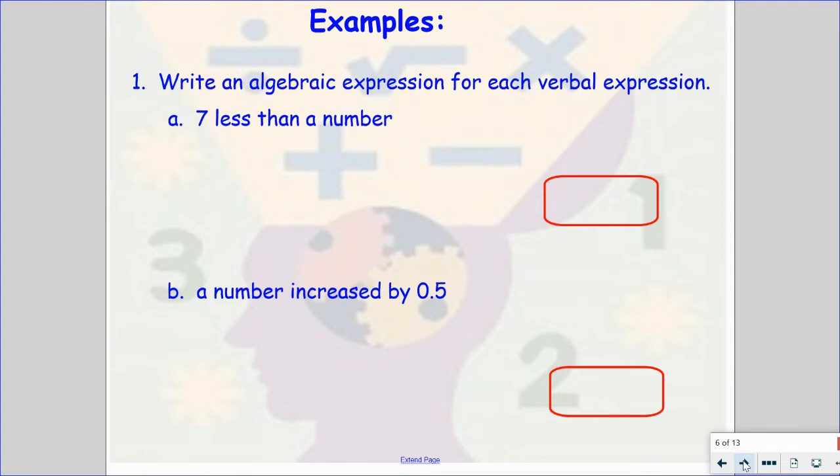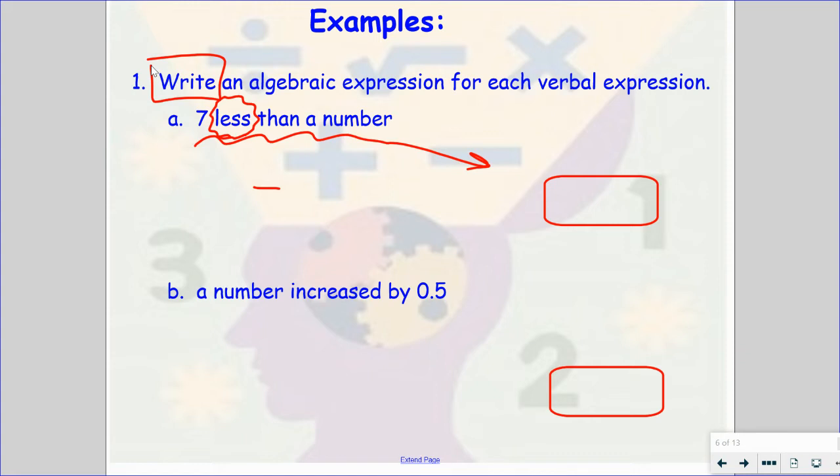So, let's go ahead now and focus on how to write an algebraic expression. In other words, we're going to take words and we're going to turn them into mathematics. Now, obviously, you'll look for some key action words that's going to tell you whether you're going to add or subtract. And we know that a number less than another number means subtract. But every time we're doing algebraic expressions, I'm going to encourage you, what do you start with?